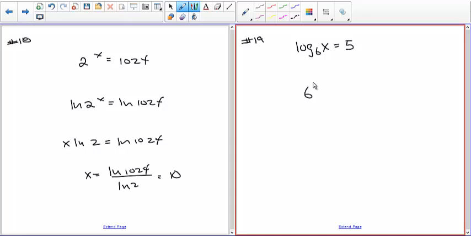So you take 6 to the log base 6 of x, 5 to the 6th, or 6 to the 5th power, sorry. 6 to the 5th power. So 6 to the log base 6 of x is just x, because 6 to the x and log base 6 of x are inverse functions of each other. And then you just take 6 to the 5th power, which is 7,776.